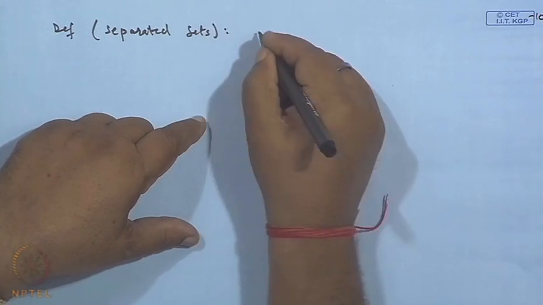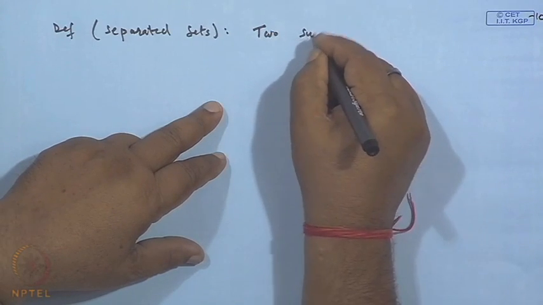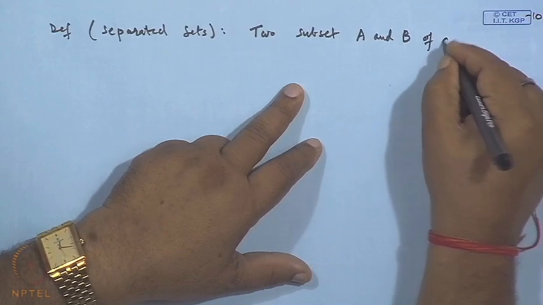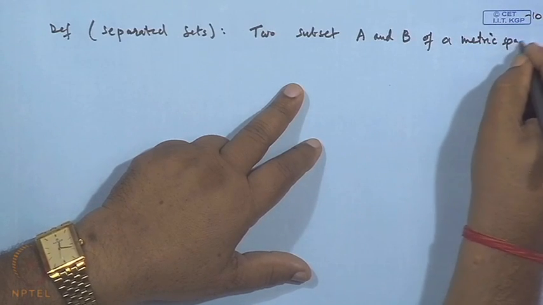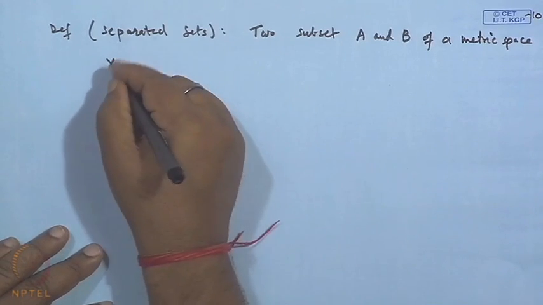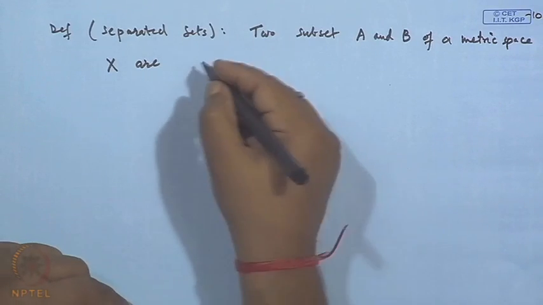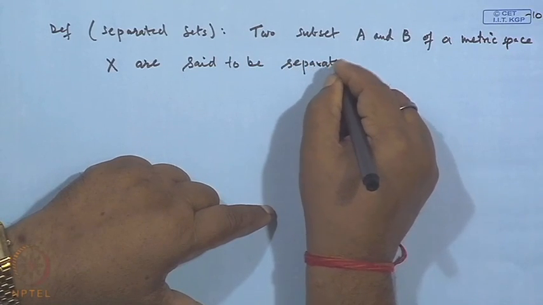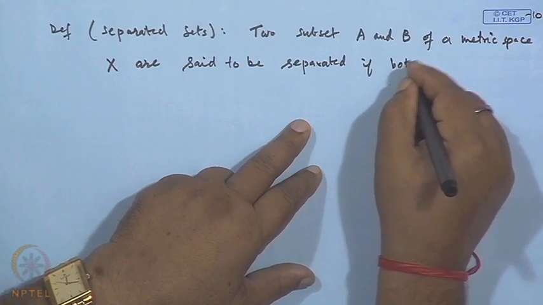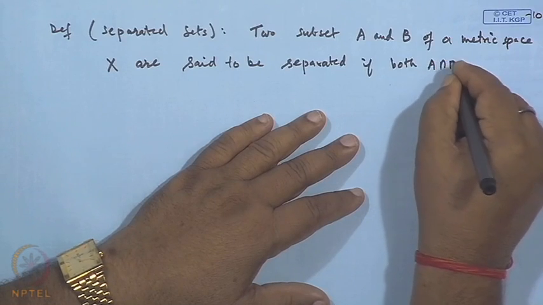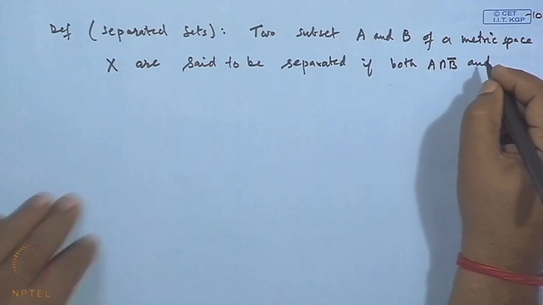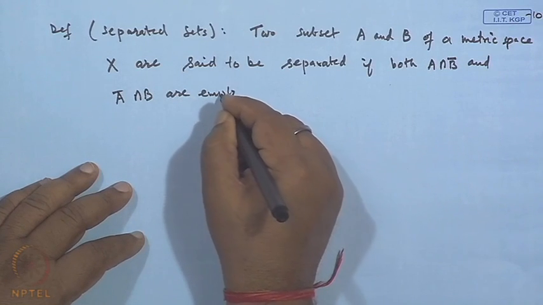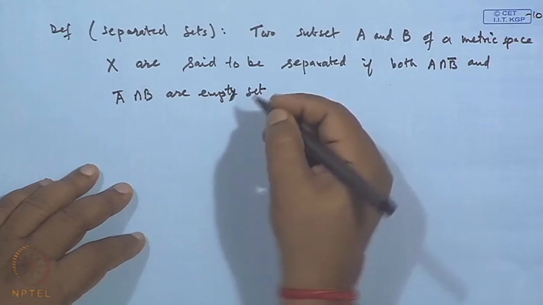Two subsets A and B of a metric space X are said to be separated if both A intersection B closure and A closure intersection B are empty sets.